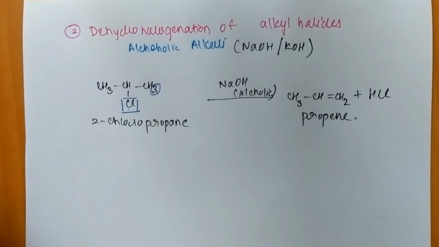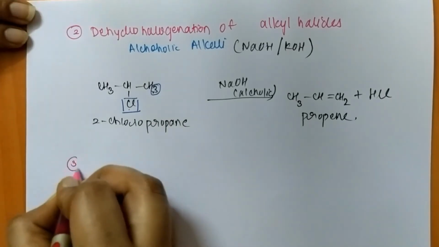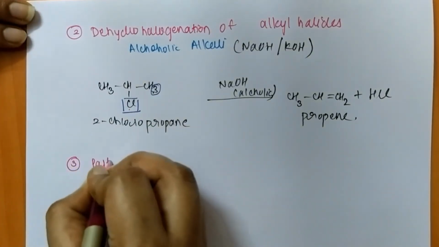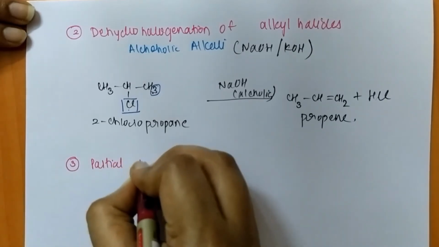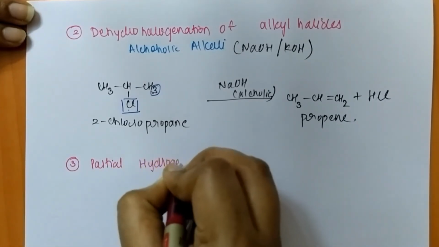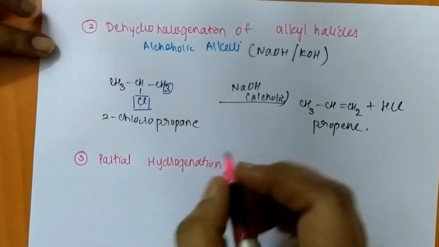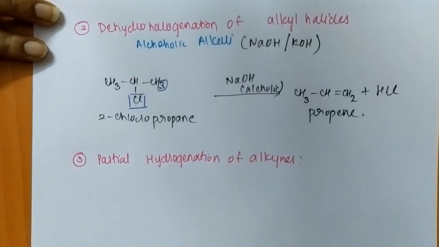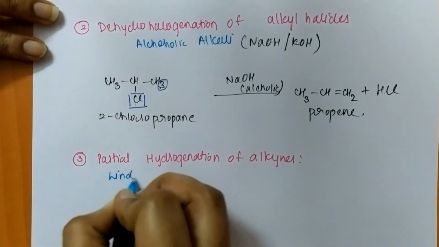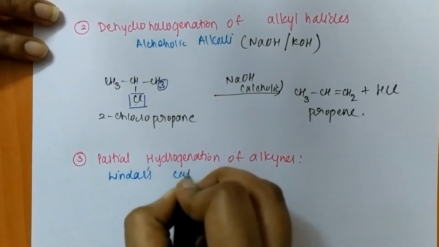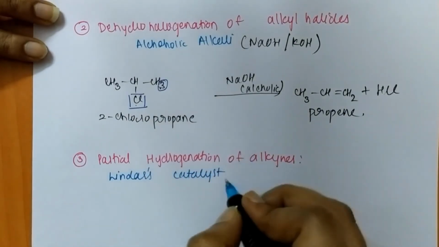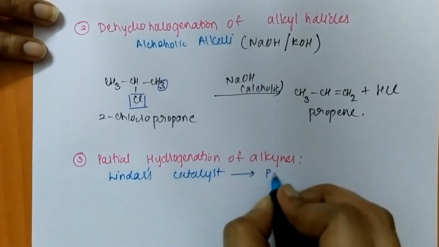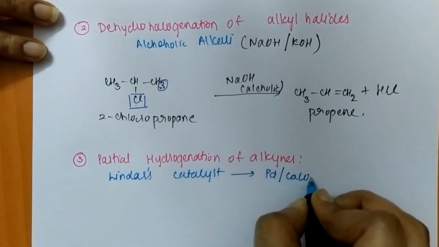Now our next reaction is the partial hydrogenation of alkynes. So this particular reaction involves the use of the Lindlar's catalyst. So the Lindlar's catalyst is represented by palladium with CaCO3.